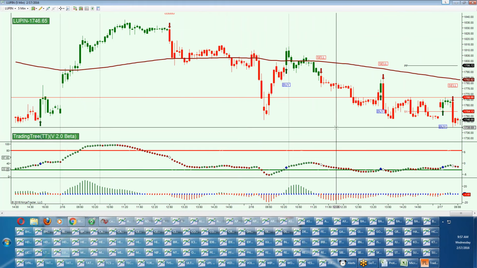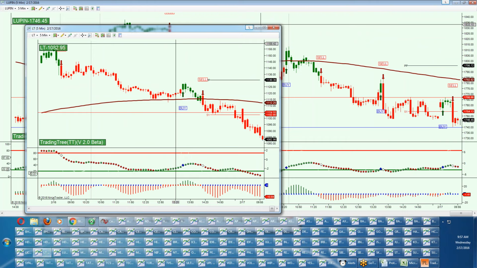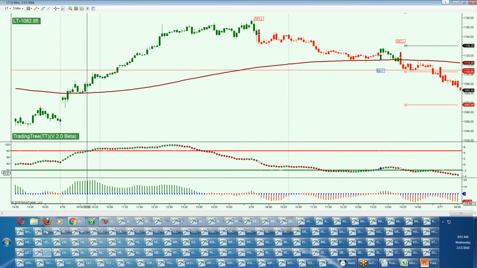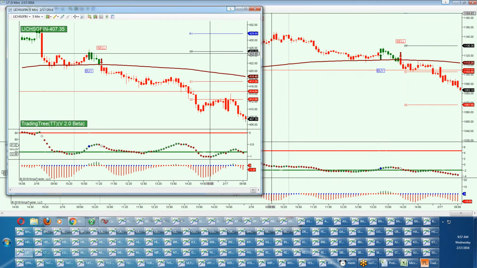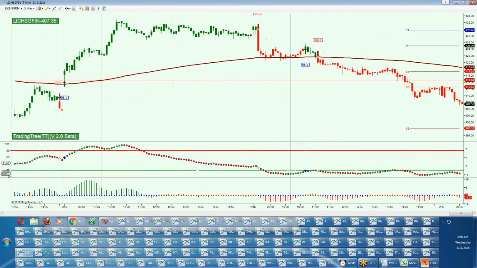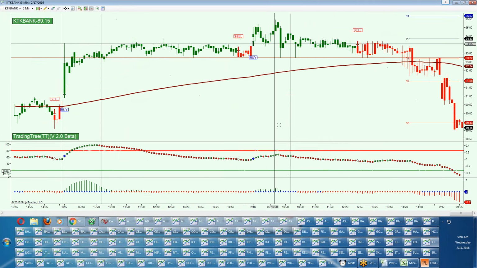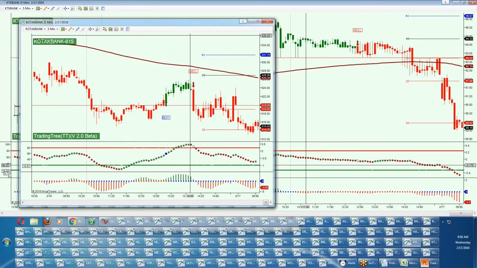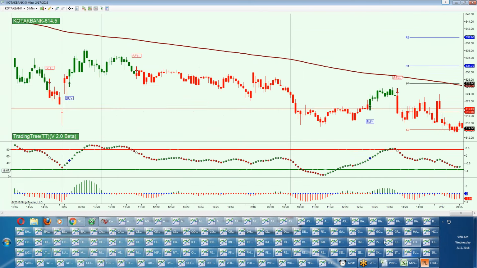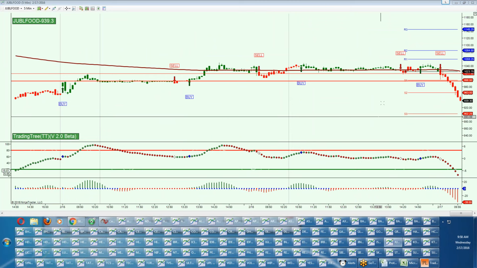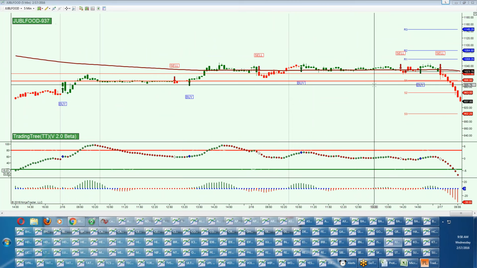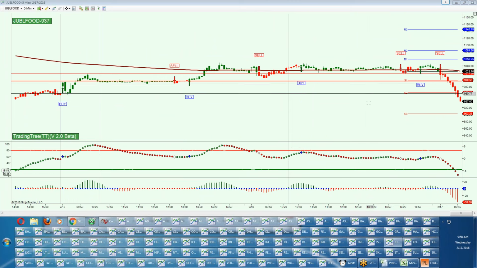Lupin, your entry is here, 1739. So Jubilant Food, your entry was 998. Now it is at 937.